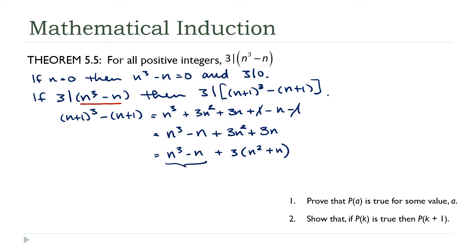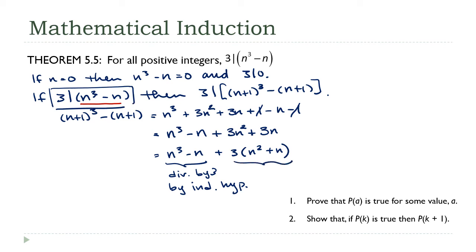This part is divisible by 3 by the induction hypothesis. That's where we started. This part is also divisible by 3 by definition.